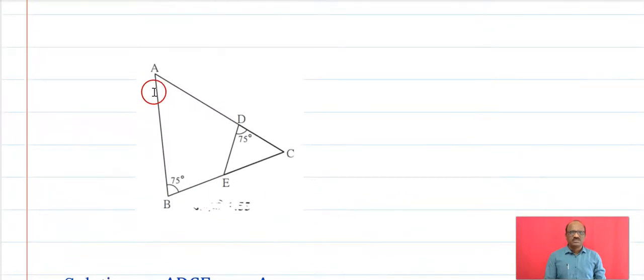Now see here, this is the figure: triangle ABC and triangle DCE.